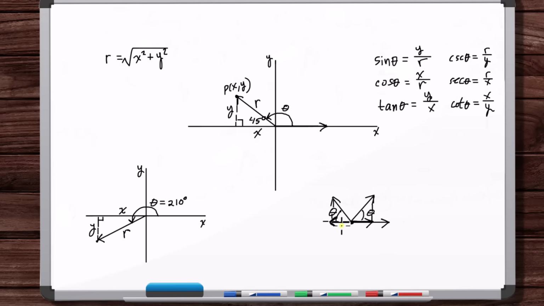However, there's a difference here, right? This force is pulling in the opposite direction as the direction of motion of the particle. This force is pulling in the same direction. So you would want these values to be different. What you would want is you would want this dot product to be negative and this dot product to be positive. And that's exactly what happens when trig functions are defined this way.